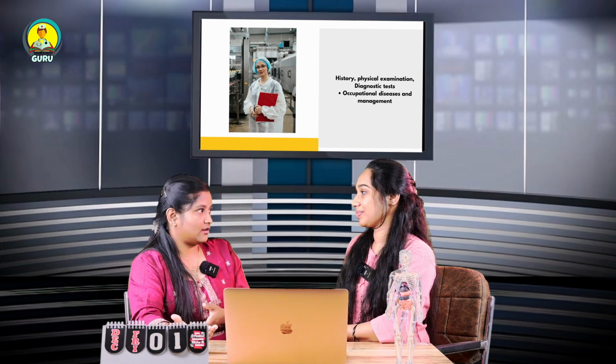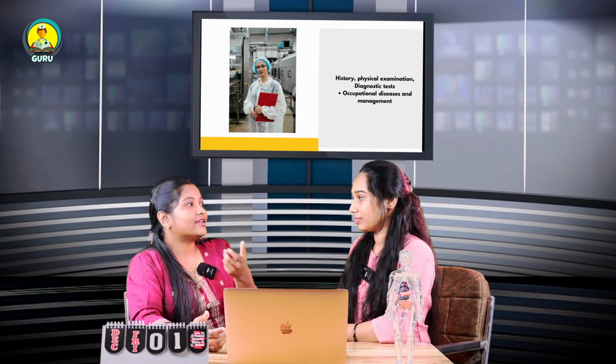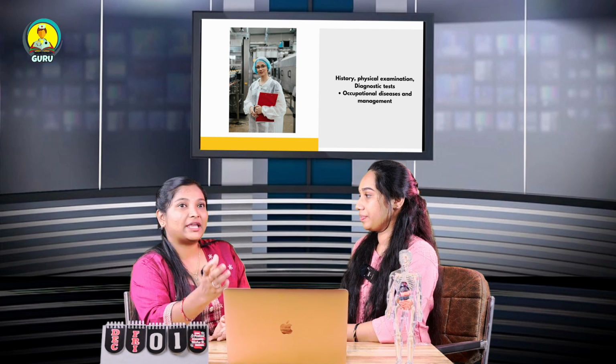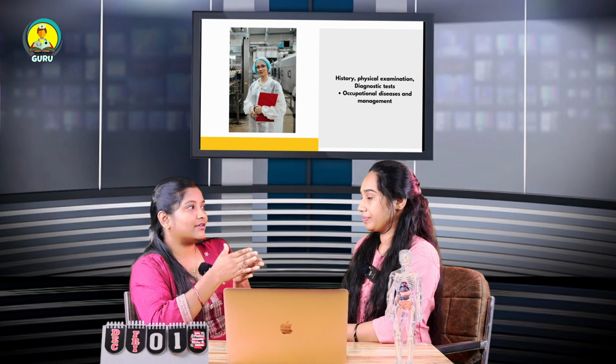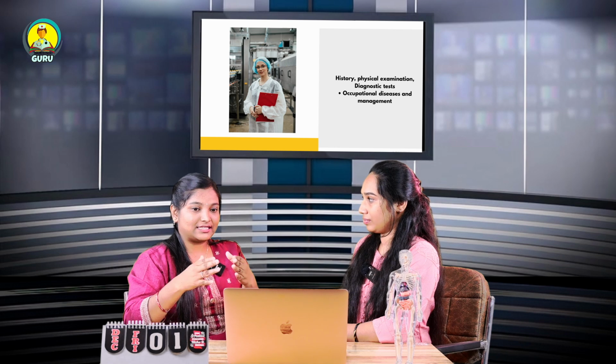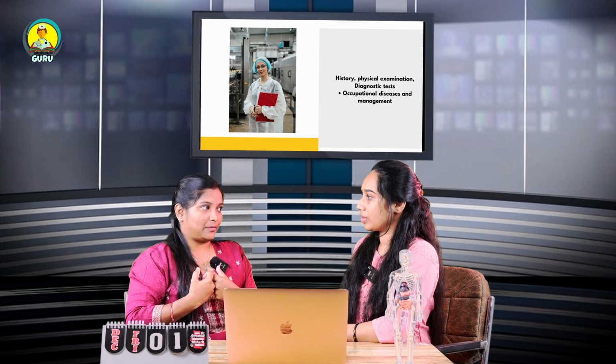That is what occupational diseases are. Because of their occupation, they are getting the diseases. The main cause of the disease is their work. By knowing these things, they have to know the entire picture of the unit, so they can grasp the topics.